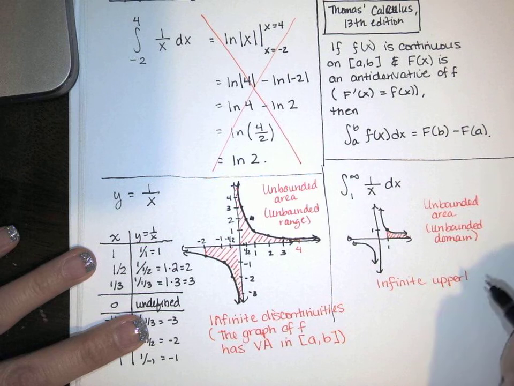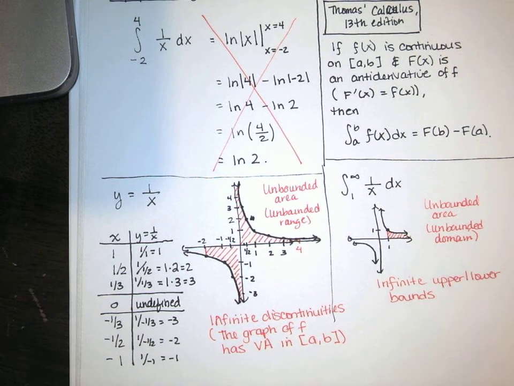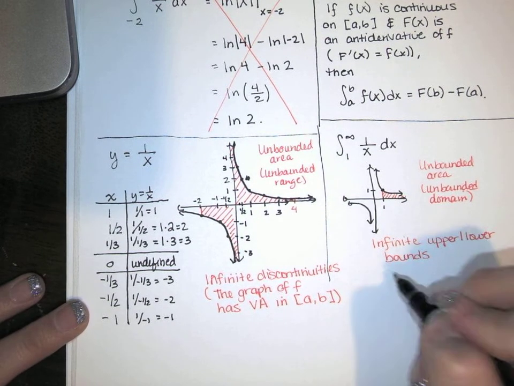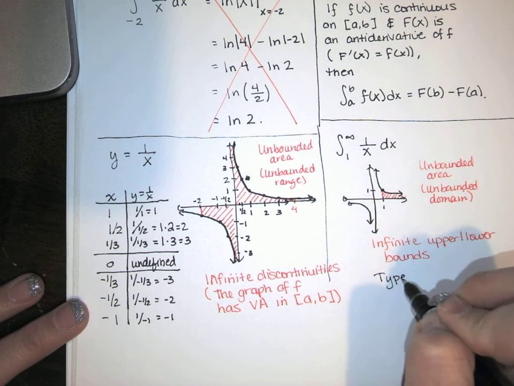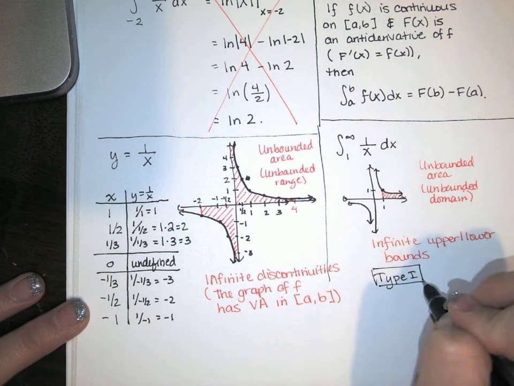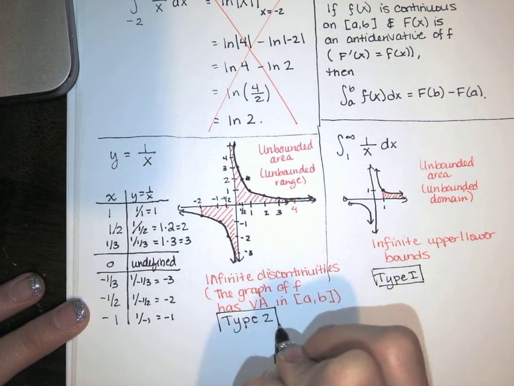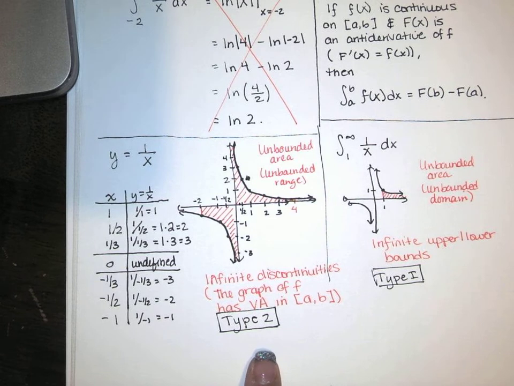And I'm just going to say upper or lower bounds for emphasis. So those are our two types. In both cases, the fundamental theorem of calculus does not apply. I'm going to call this one type 1, and this one type 2. We're going to focus on type 1 first, and then we're going to look at type 2.